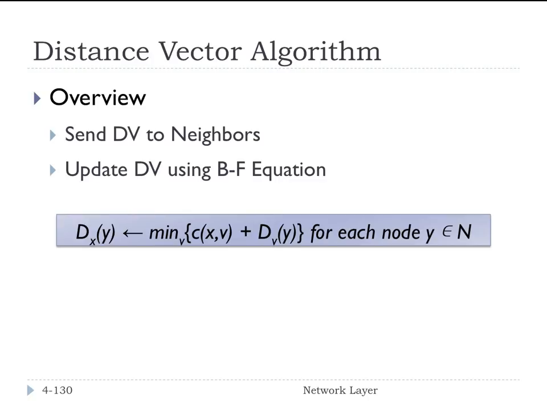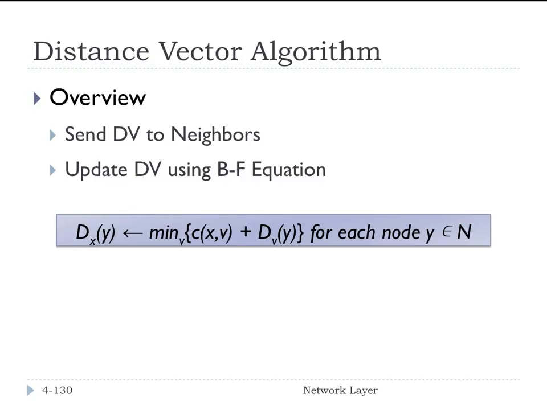So a very broad overview of the distance vector algorithm is we're going to send our distance vector to our neighbors and receive distance vectors from them, and then update our distance vector using the Bellman-Ford equation, which we just walked through, where we're finding the minimum cost plus distance for each of those one-hop neighbors for each particular node.